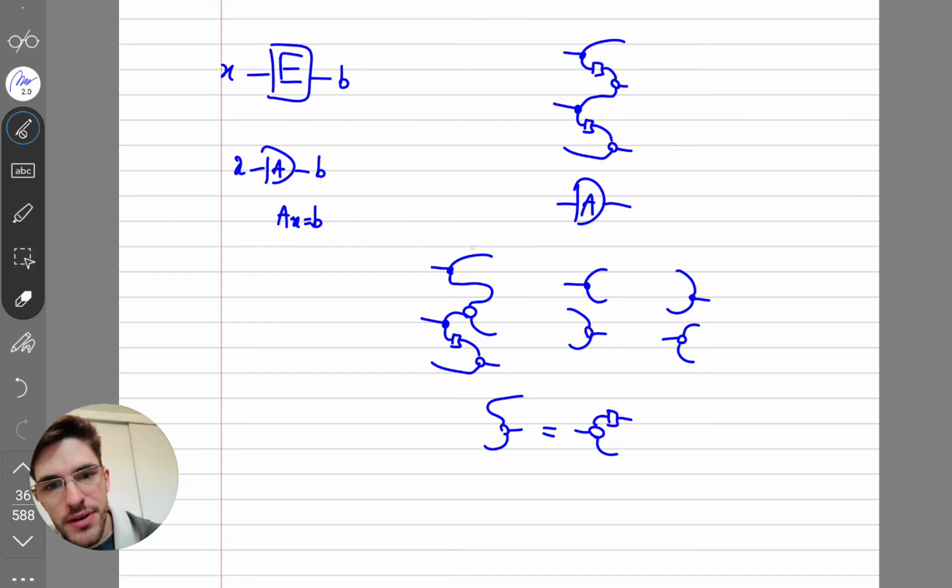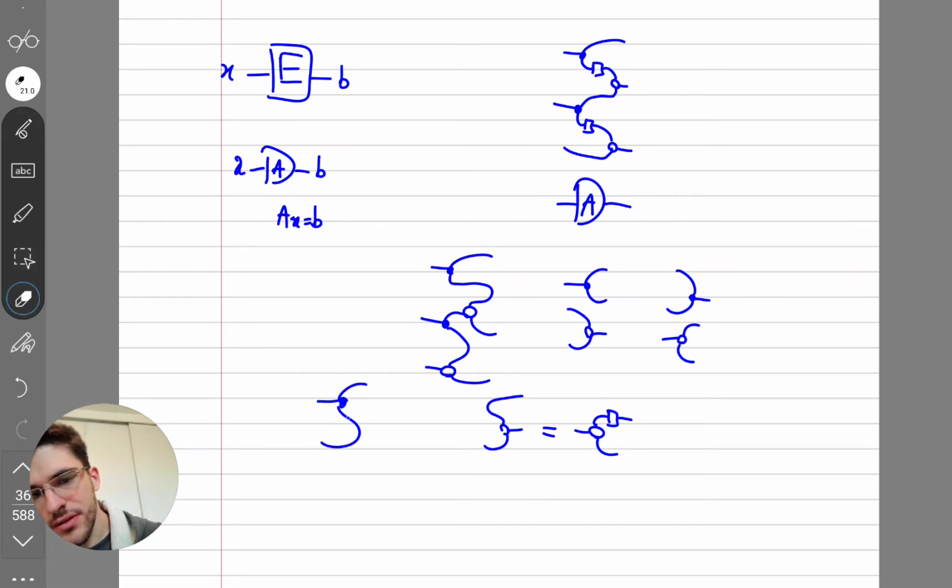All right, carrying on. I swapped one of those. This one I can also do this thing, and it turns out this equation is just equality of all three things, right? So I can write it like this as well. It doesn't change. I can bend the leg of the black dot as much as I want.